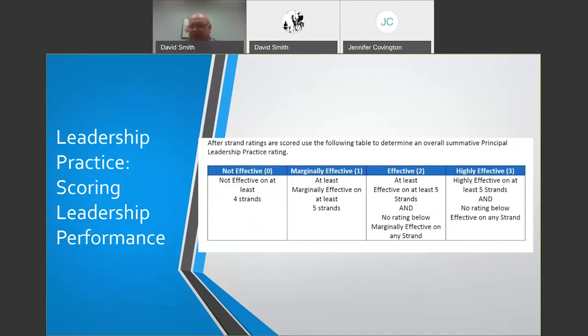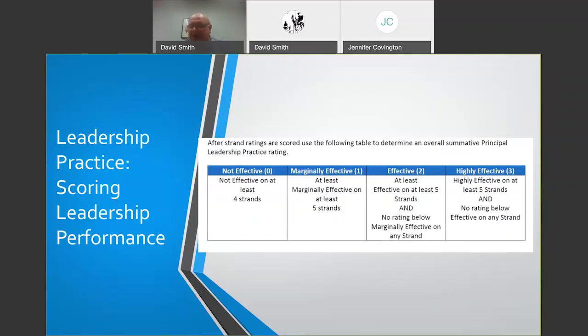They can't have any rating below effective. If they're effective on 5 strands, they have no rating below marginally effective. If they're marginally effective, they're at least marginally effective on at least 5 strands. And if they are not effective, then they are not effective on at least 4 strands.